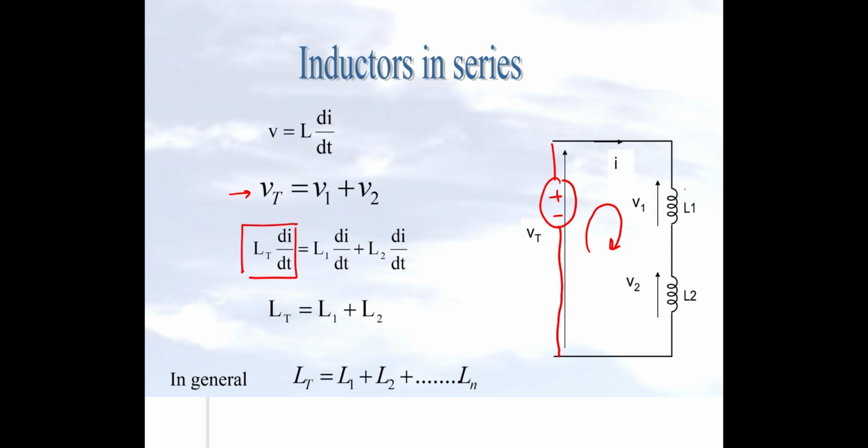Now I can write down an expression for V1, where V1 is the voltage across L1, as equal to L1 times the derivative of the current going through inductor 1.